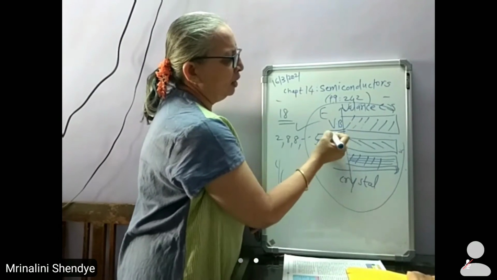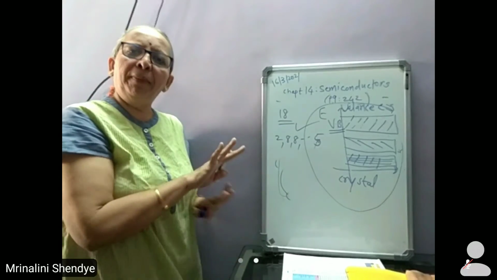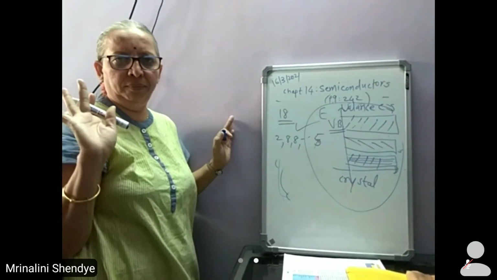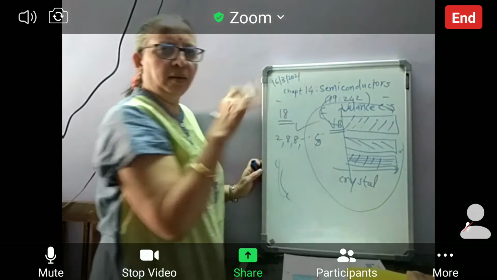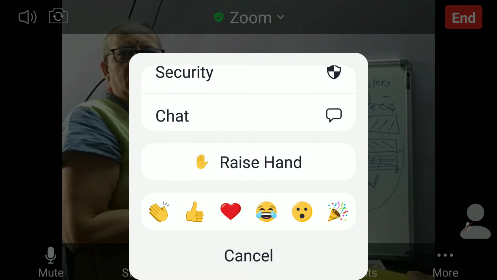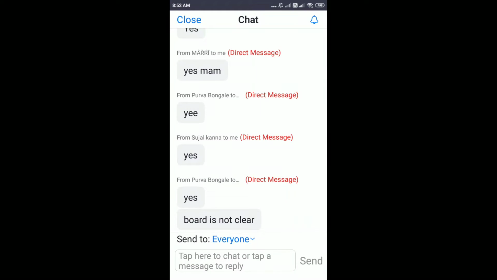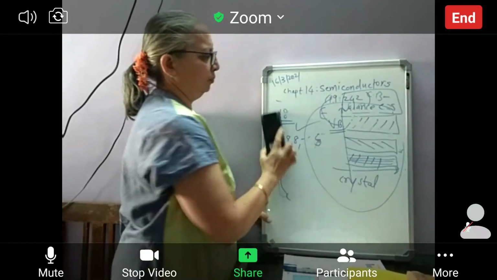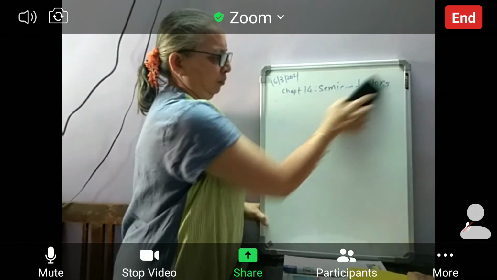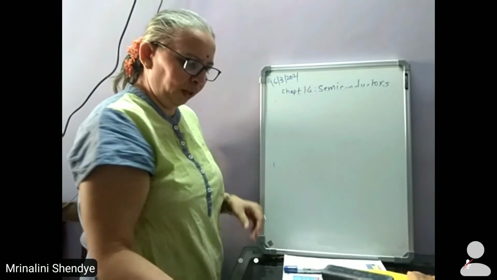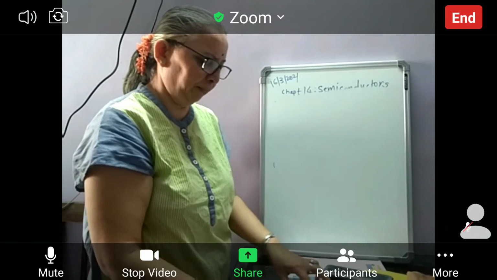This valence band may be partially filled like this or may be completely filled. The immediate next higher band, immediately after the valence band, is called the conduction band.